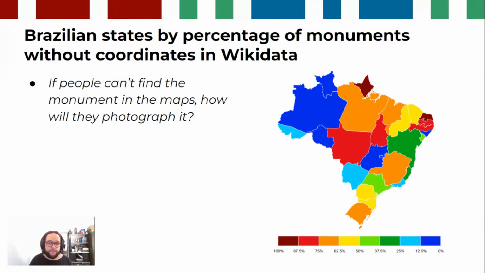So we have a lot of monuments, but we don't have the coordinates. How will people find them? And we have a difficult situation in the north and in the northeast region, specifically the state of Amapá and the state of Rio Grande do Norte.